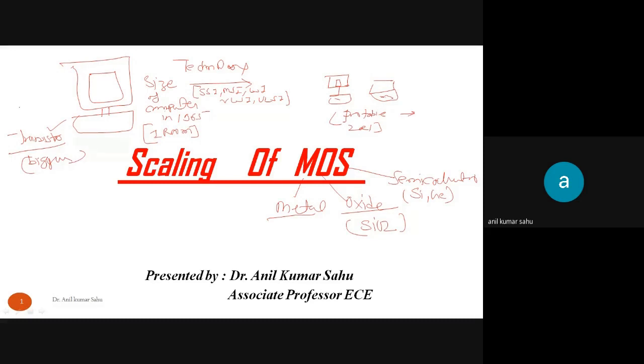Here the device size is bigger, but on this side, if you think about the microprocessor, or the Pentium processor, or the processor of a laptop, transistors are used to design a processor.